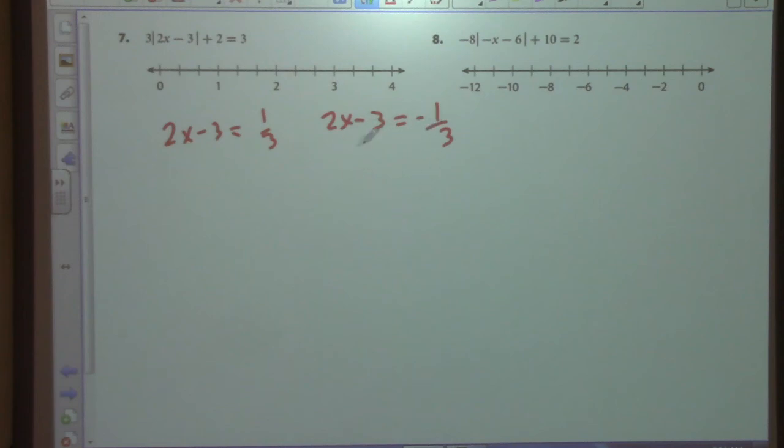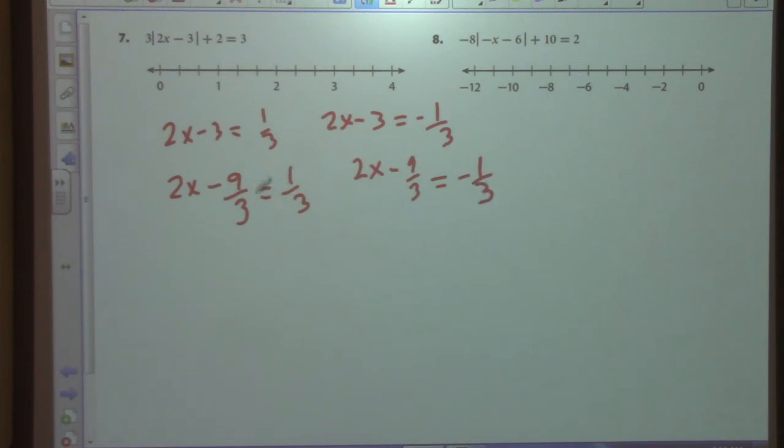Now, the fractions will get a little bit dicey here because you got 2x. How many thirds do we have in 3? 9/3, right? And then we have 2x minus 9/3 equals negative 1/3.